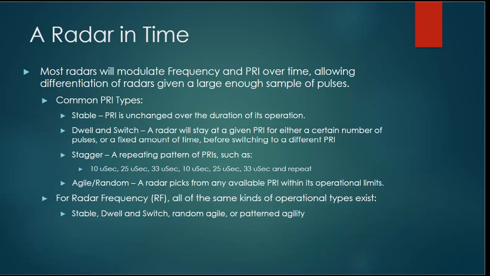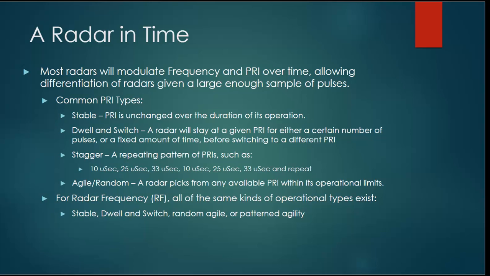Any radar that has a somewhat complex task, like a search radar, or say a coastal defense radar somewhere, is going to be doing something more than just sitting still, only using one pulse repetition interval or one frequency, right? And so common PRI types that we'll see in the wild, obviously stable, meaning the PRI is unchanged over the course of its operation, or in this case, it's stable over the course of one sampling.